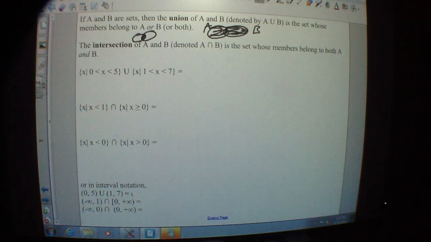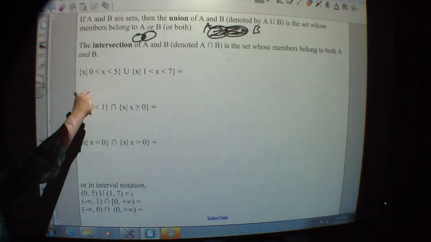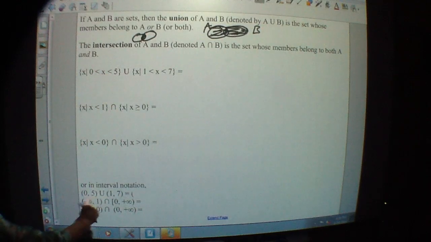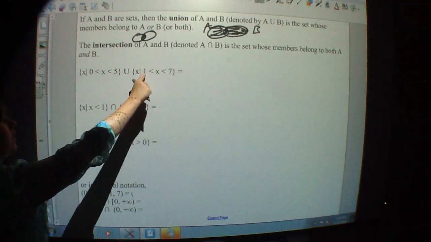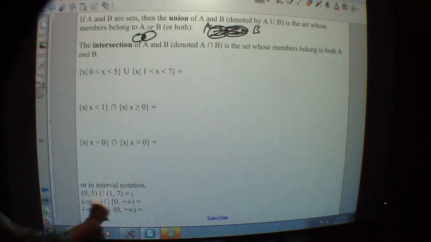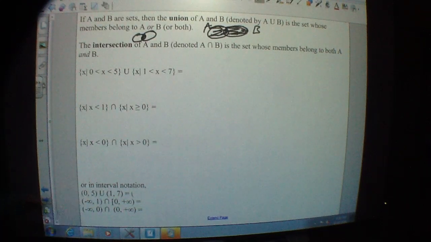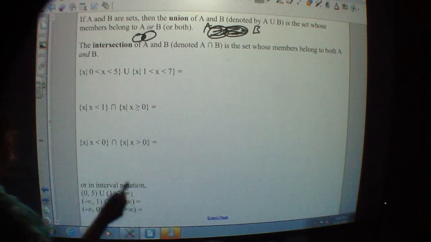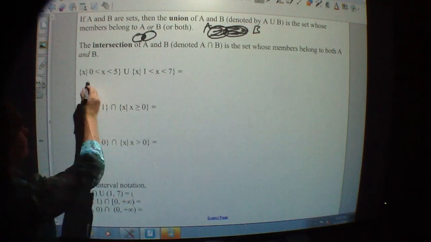So let's try to find the intersection of this, simplify those. And I could have also written this as a left parenthesis 0, 5, like I have down here, union 1 comma 7. It's the same thing down here. So union, it's ones that belong to A or B or both of them. What I like to do is I like to graph it.